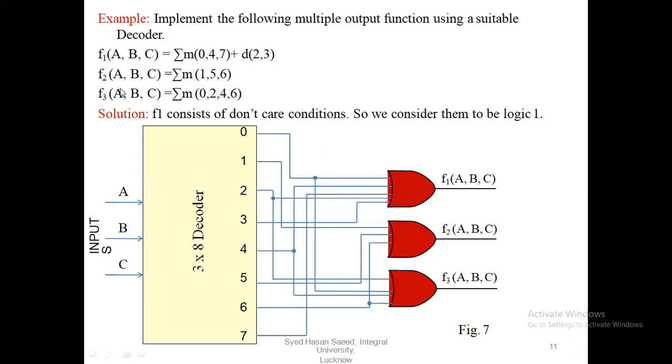And F2 of A, B, C is equal to summation of 1, 5, 6. And F3 of A, B, C is equal to summation of 0, 2, 4, 6.